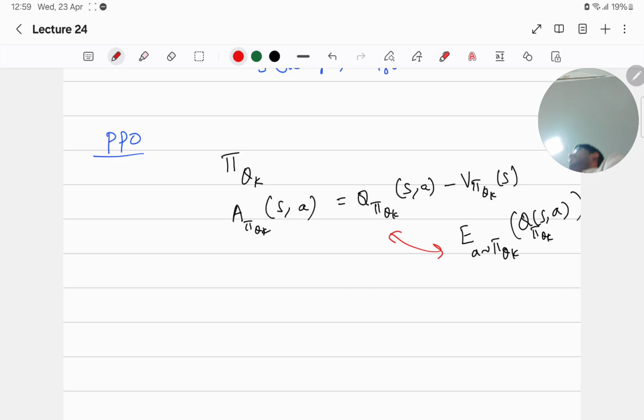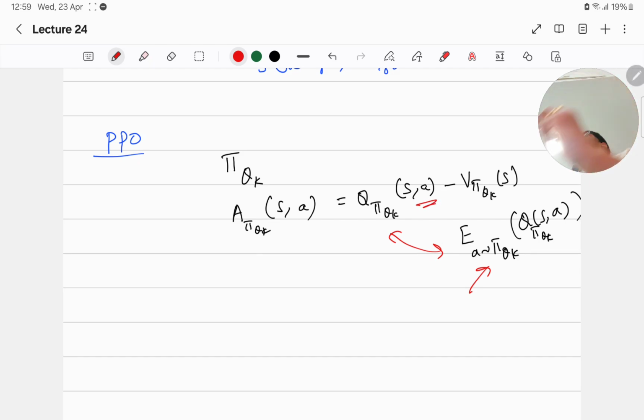It's telling what the student has told about the intuition of advantage. q pi theta k is the return that you will get if you take action A in this time step, and v is the average return that you will get if you choose the action according to your current policy.